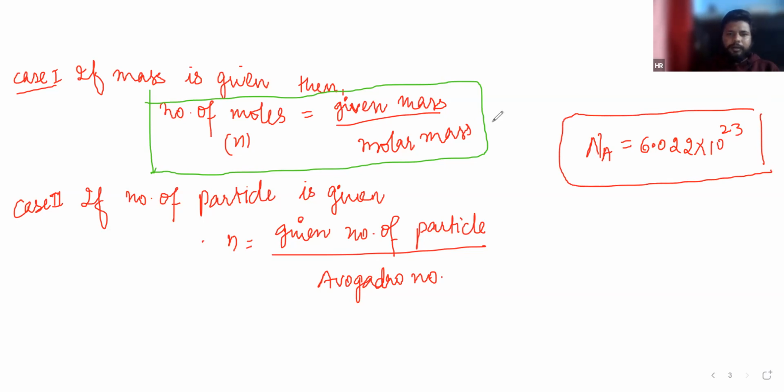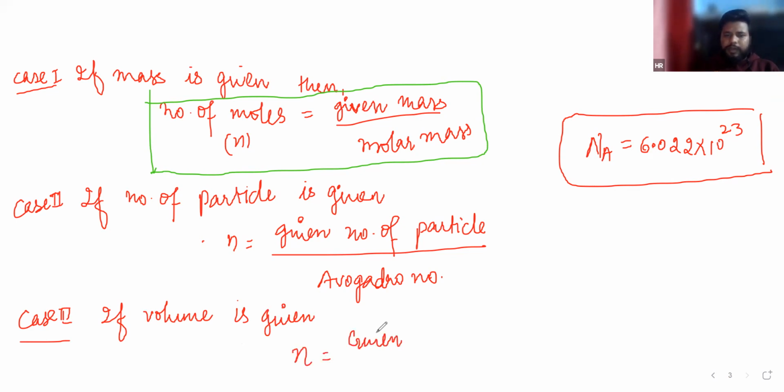And case third: if volume is given, as we know matter exists in 3 forms. According to the question, we use the formula. If volume is given, then number of moles is equal to given volume upon molar volume.